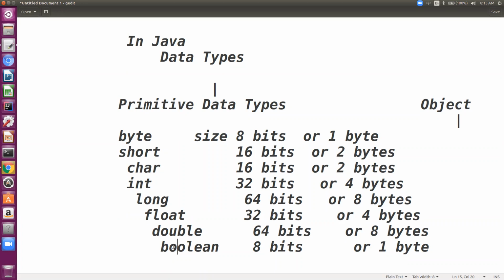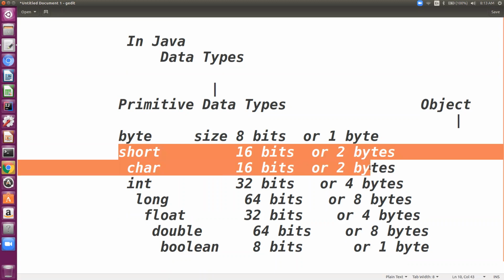Okay, so now let's deal with char. Char is identical to short in all aspects. Internally there is no difference between a short and a char.